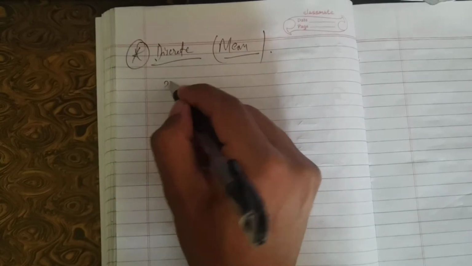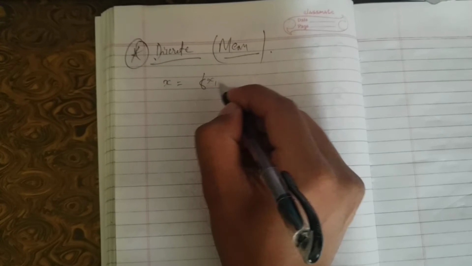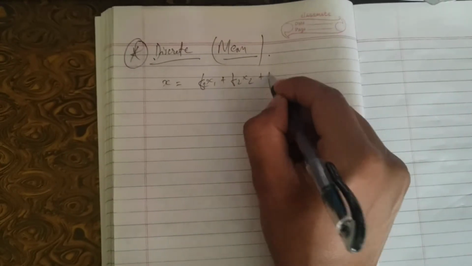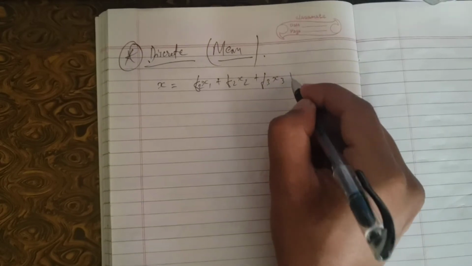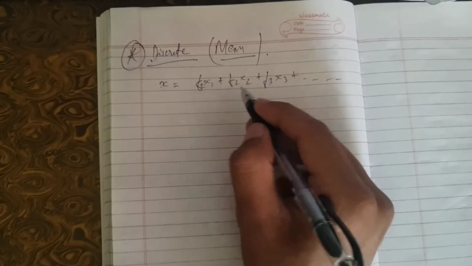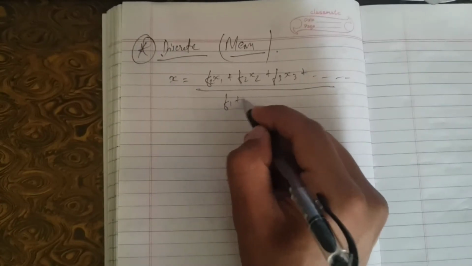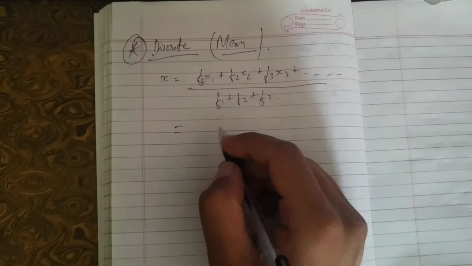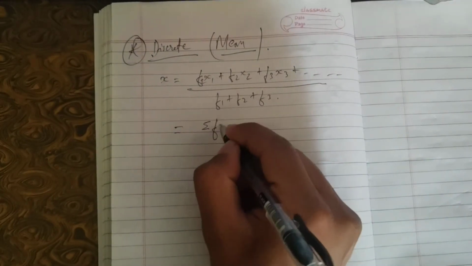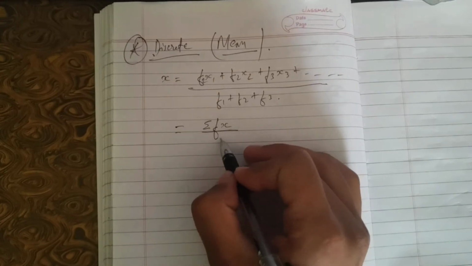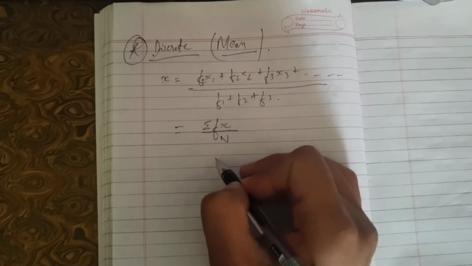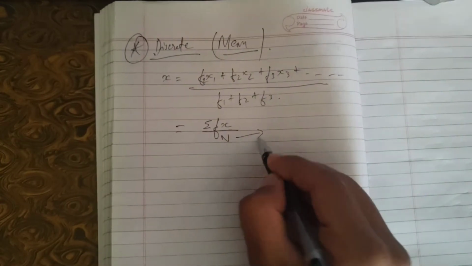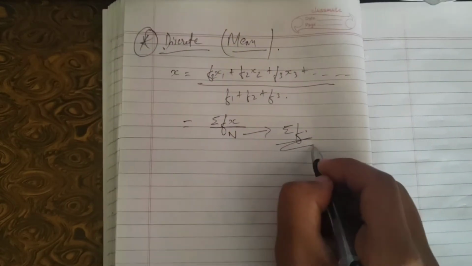So it will be f1x1 plus f2x2 plus f3x3 plus dot dot dot, divided by frequency 1 plus frequency 2 plus frequency 3. You can write it the other way as well, which is summation of fx divided by n, where n is the summation of frequency.